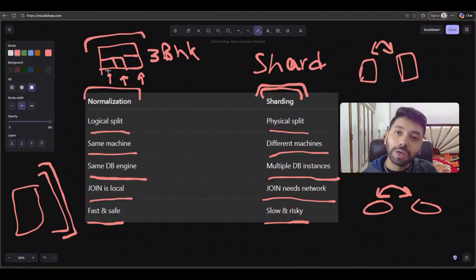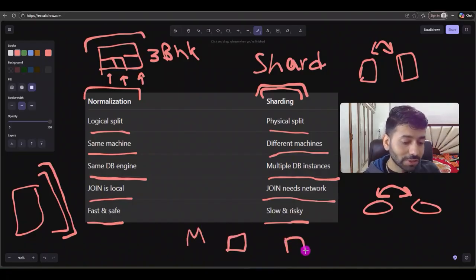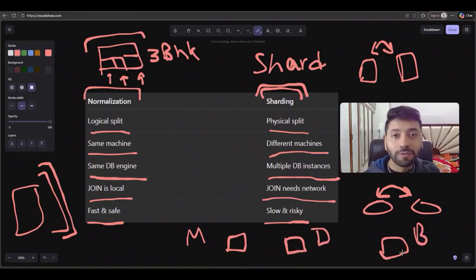So one flat, but you have 3 different rooms. Similar to that, in normalization, you have different tables, but those are present on the same machine under the same database. But when we talk about sharding, it can be like one room is present in one city, like Mumbai, and another room is present in say Delhi, and one more room is present say in Bangalore. Okay, so different cities.